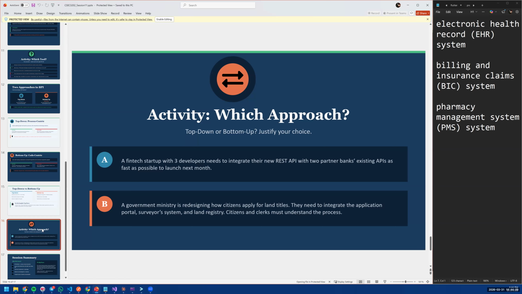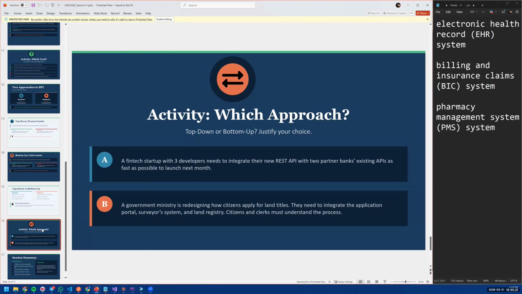But yes, I agree with the bottom-up approach in this case, where we have our technical team, we have our existing APIs. The plan is more or less straightforward. We have an integration process where we need to connect an API to two banks' existing APIs. So we have everything that we need.